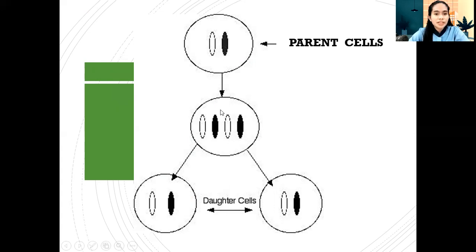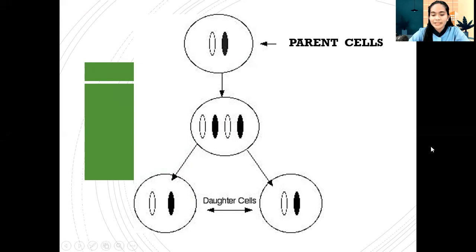And then eventually, when the different organelles are replicated, they will be divided into two. So that's what we call your cytokinesis. Cyto means cell or cytoplasm, and then kinesis means splitting up. So that's the splitting up of your cytoplasm.